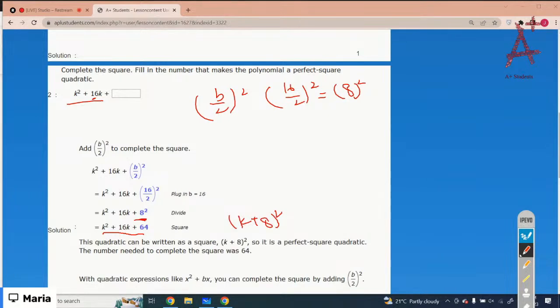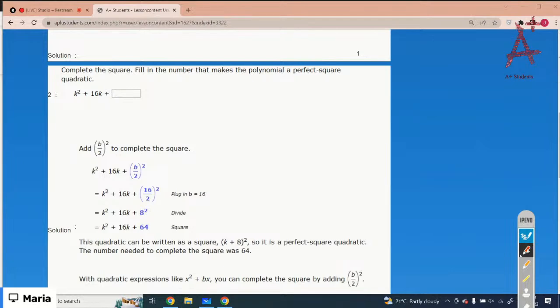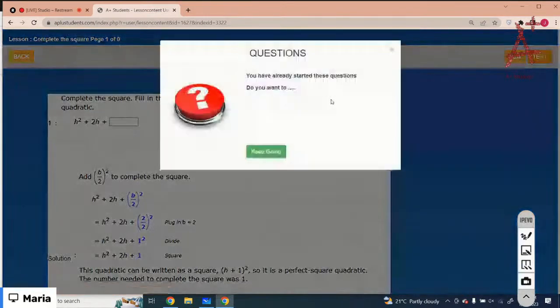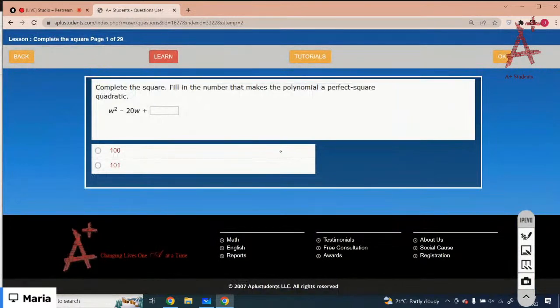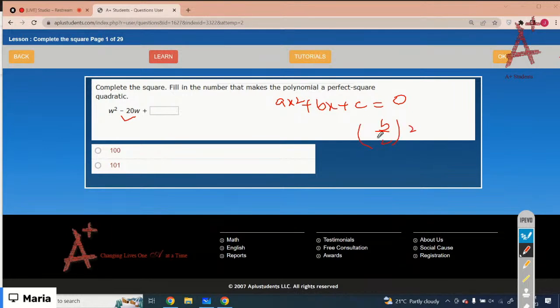Let's just do test questions. Okay, w square minus 20w and plus what you have to add. So it would be ax square plus bx plus c equals 0. Got it? So you have to do (b over 2) whole square. In this case b is negative 20.